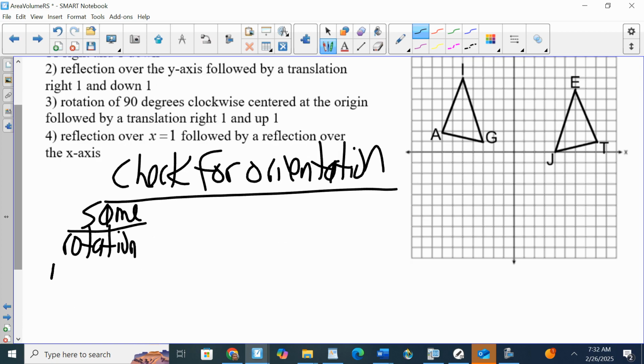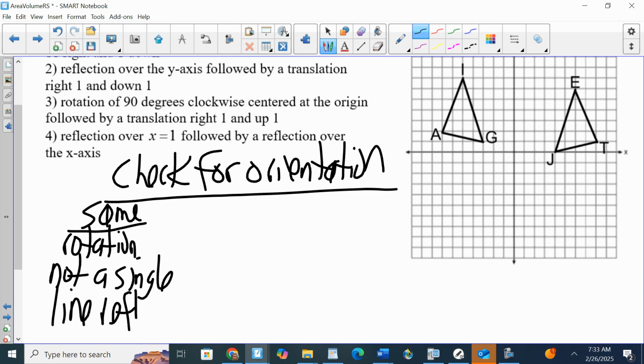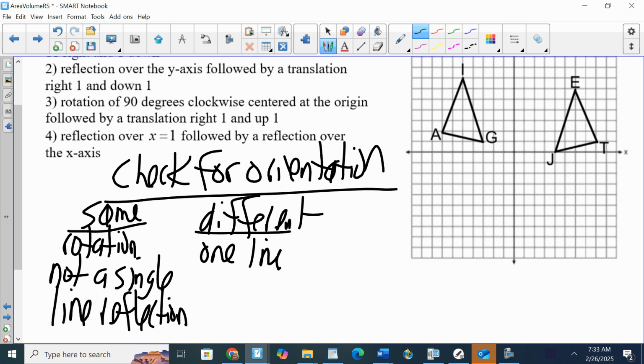It's basically, if it's the same, it's not a single line reflection. Check for orientation. Different, one line reflection. That's the answer to the problem. Check the orientation. For a multiple choice question, there can be multiple choice or open response.